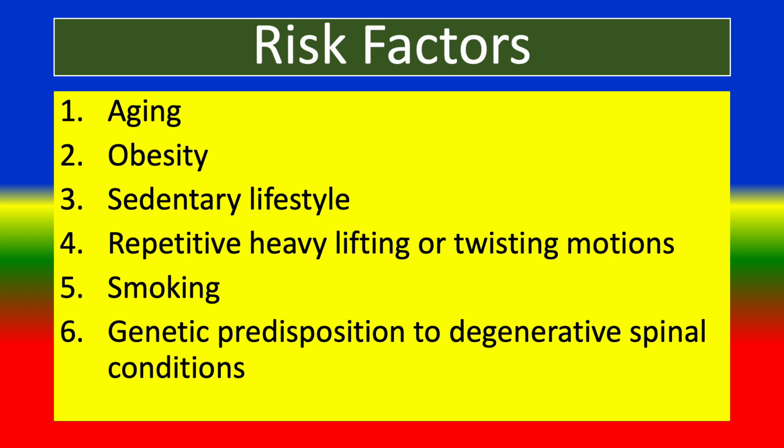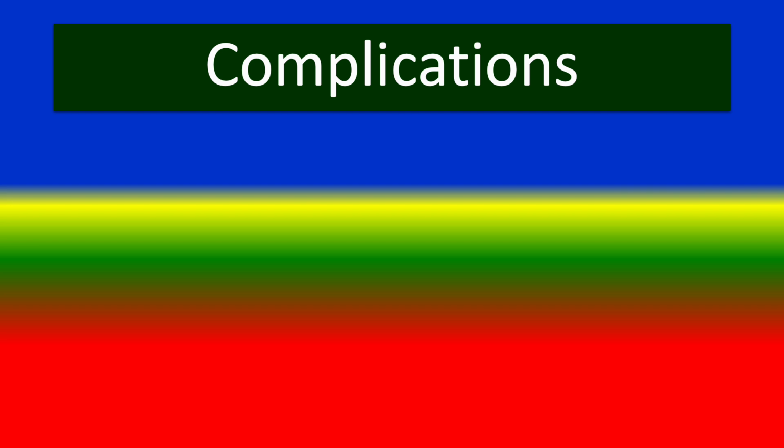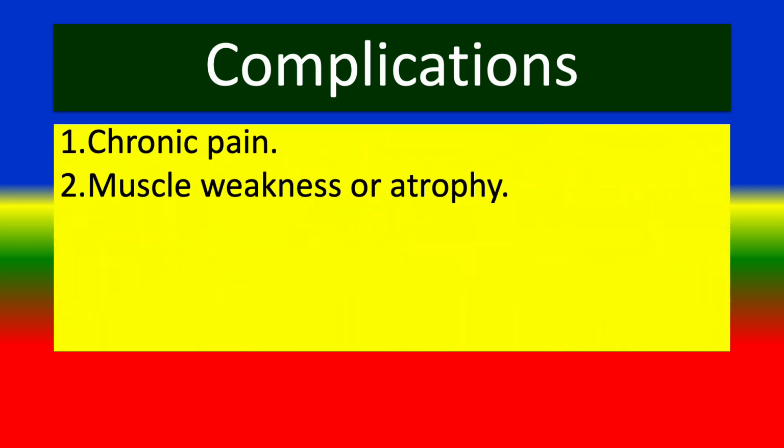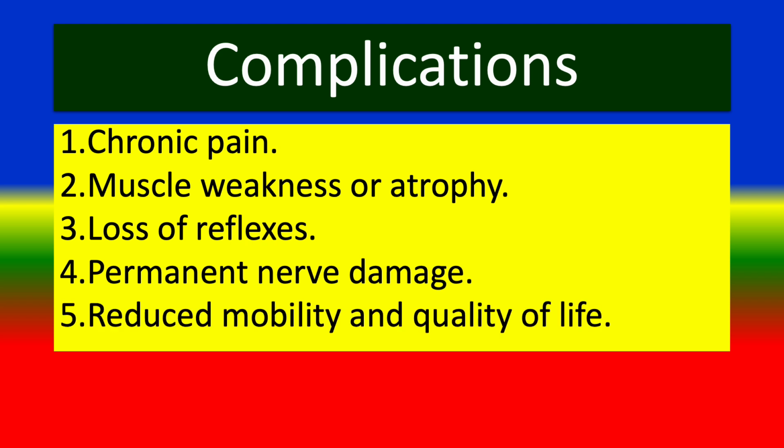Genetic predisposition to degenerative spinal conditions. Complications: 1. Chronic pain. 2. Muscle weakness or atrophy. 3. Loss of reflexes. 4. Permanent nerve damage. 5. Reduced mobility and quality of life.